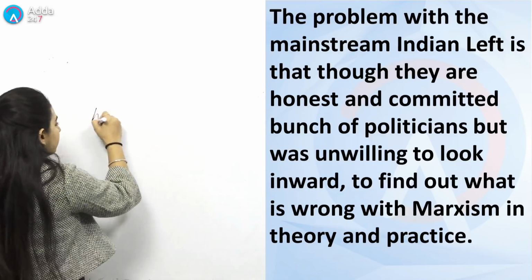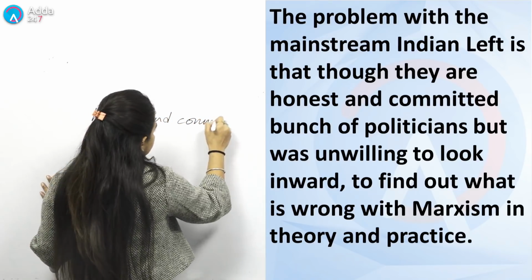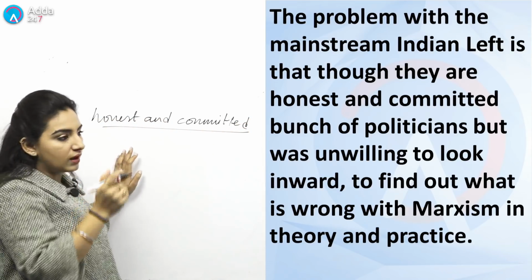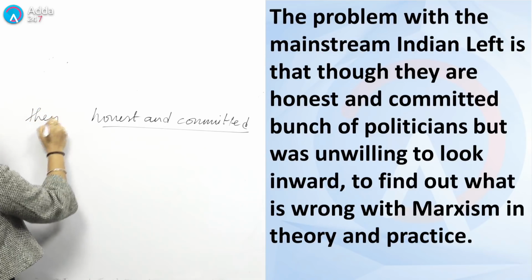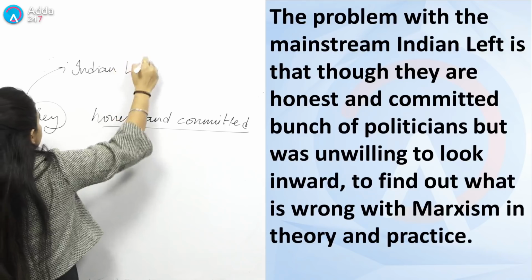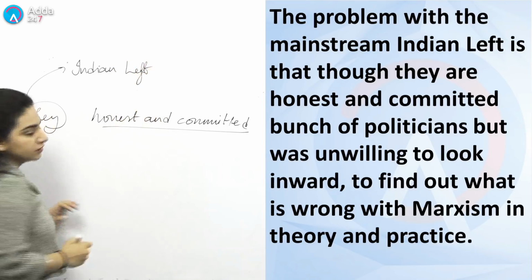See, honest and committed are adjectives here, right? So the word they that is used, we are using this they for what? We are using this they for the Indian left, right? We are talking about the Indian left here already.